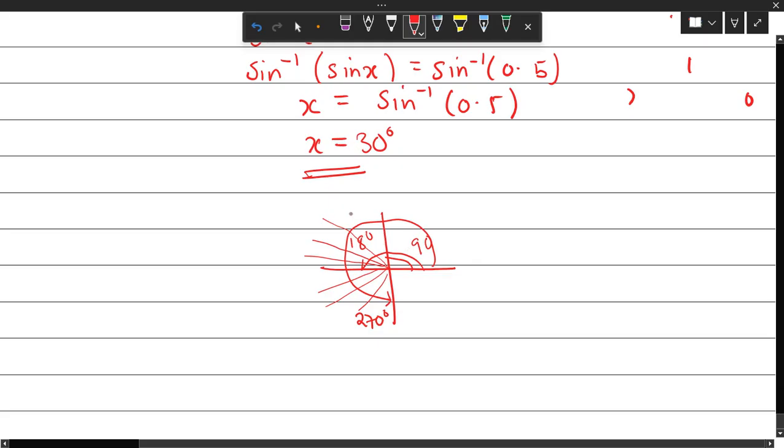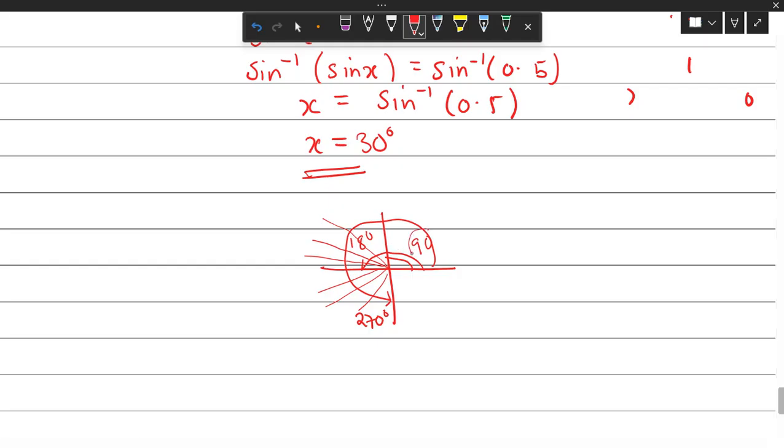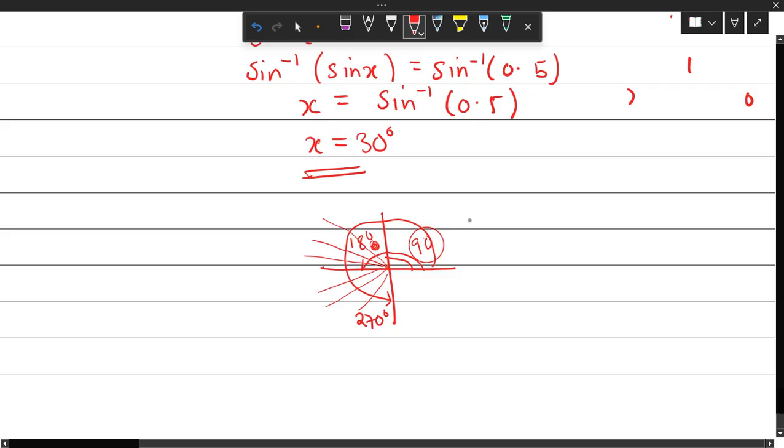So how do we get the answer now? We know x is 30, so it can't be in the first quadrant, because it has to be greater than 90 according to the condition we've been given. So you can just say 90 plus 30, it will be in the second quadrant. So there are only two alternatives here you can use.